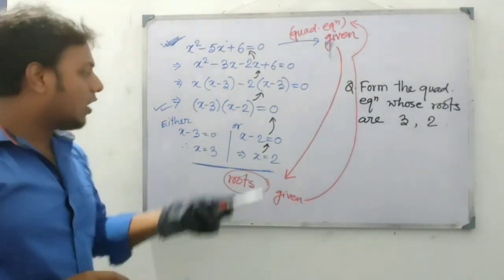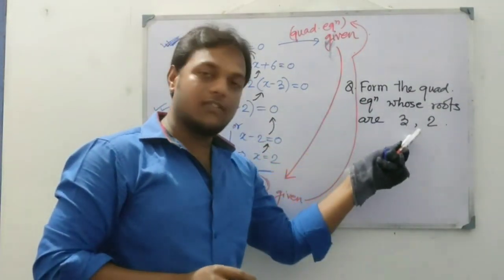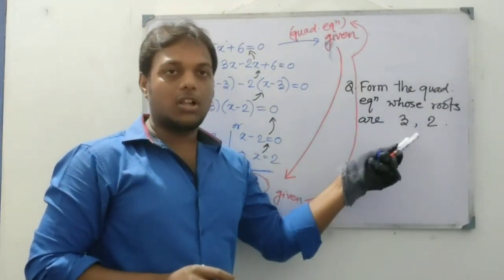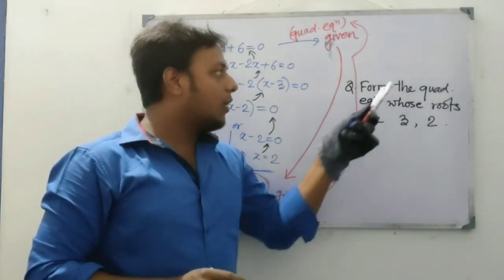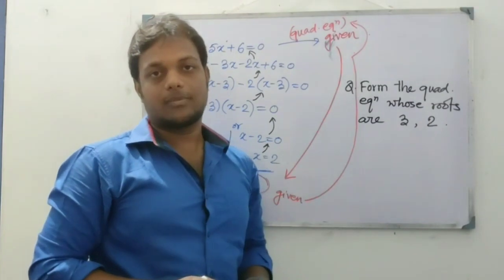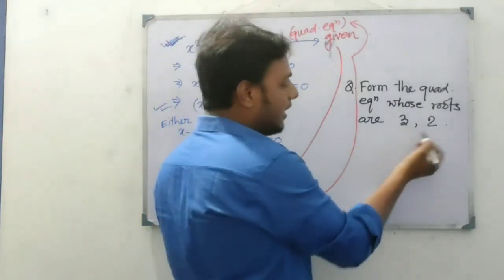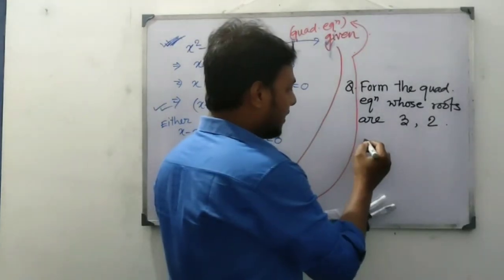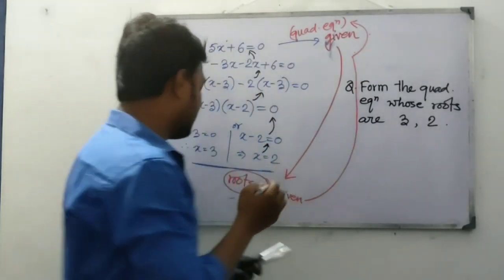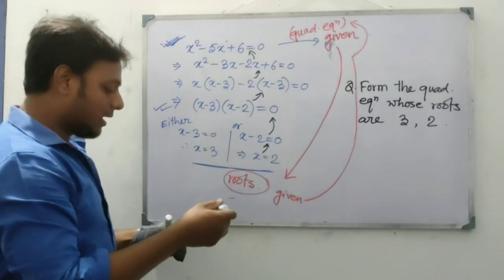So we are able to solve this type of problem. If roots are given, then we are able to form that quadratic equation. How? Since the roots are 3 and 2, just take the last line like this. You can guess about this line.